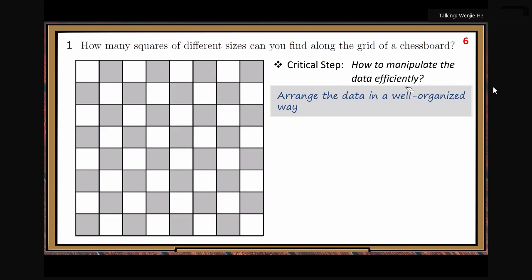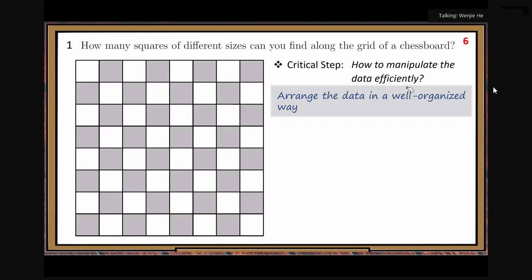If all your data belongs to many categories, and you do the counting on your data in all those categories mixed together, it's hard, right?